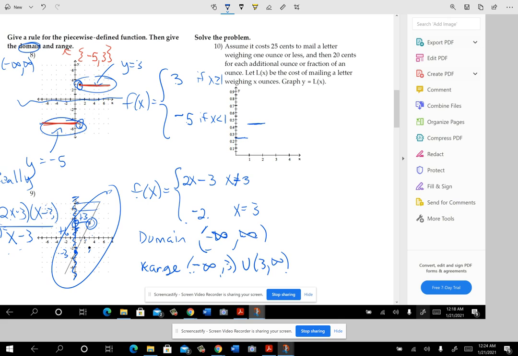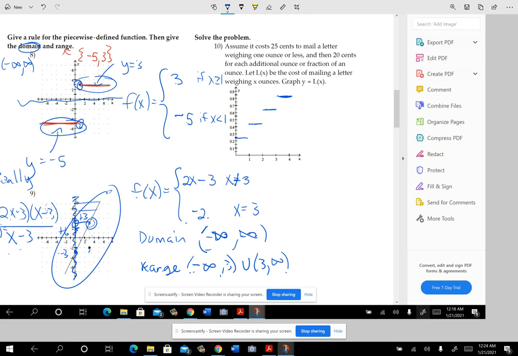And then if I go past the 2, I'd have to jump up 20 more cents, which would be at 65. And then jump up 20 more cents and be at 85. So something like that is the idea. And then let's get the endpoints correctly.